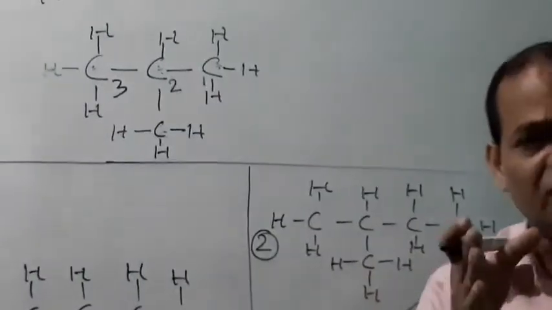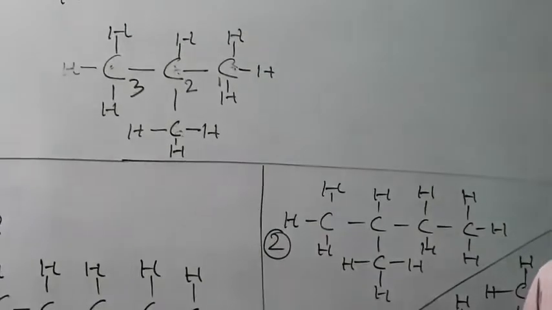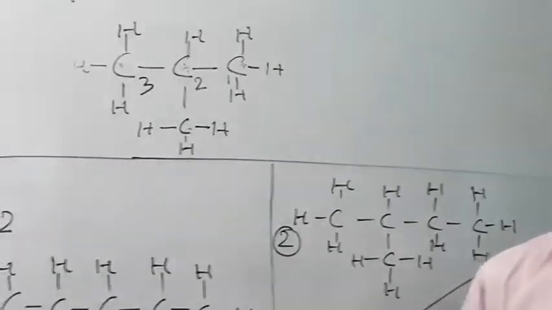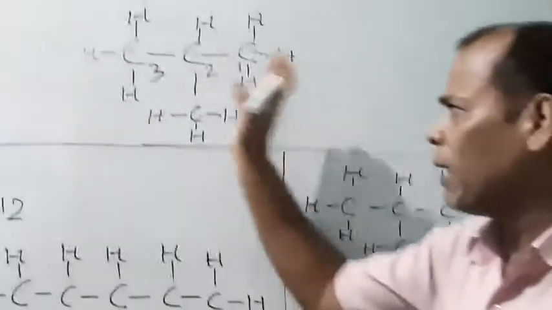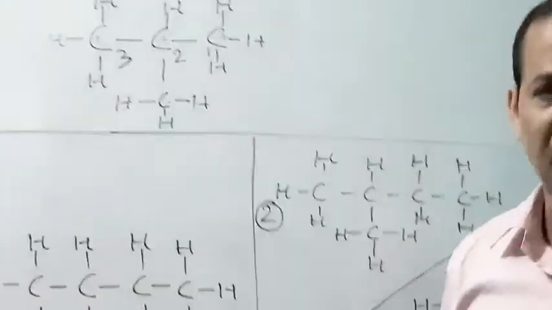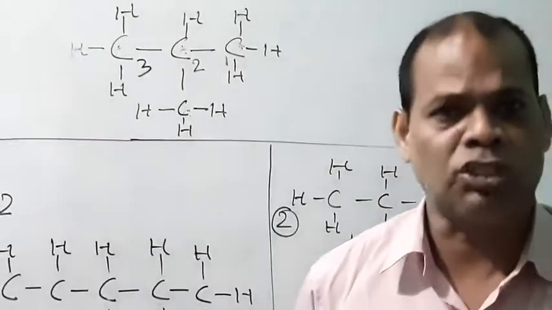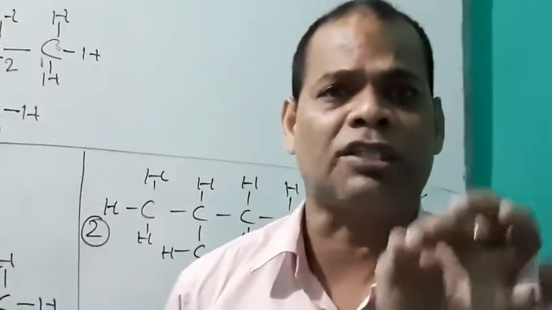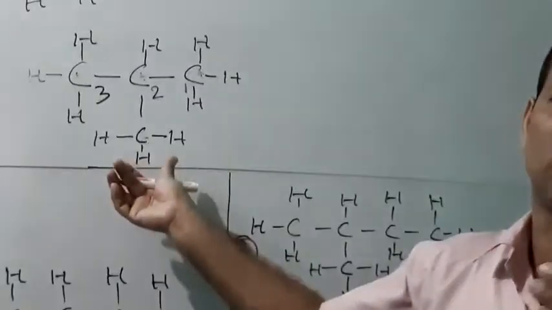Make a counting in such a manner so that the branch gets the minimum or lowest number. Either you count from left to right or right to left, you are free, but make sure the branch, the substituent, gets the lowest number.